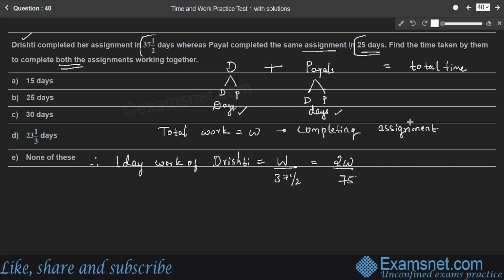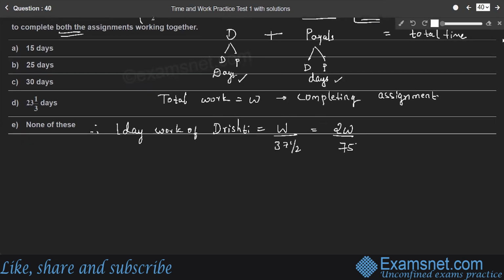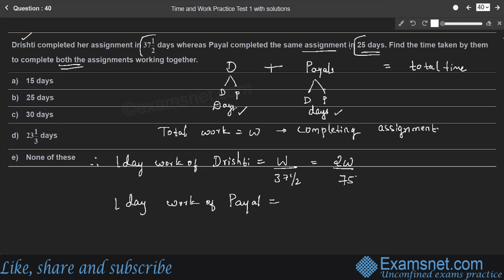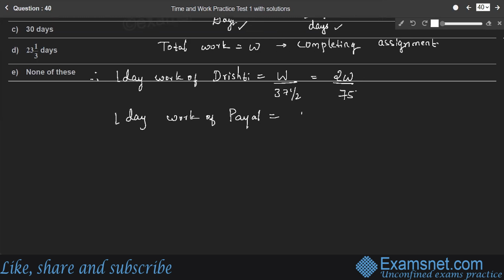Whereas 1 day work of Payal. Payal takes 25 days, right, to complete one assignment. Therefore, in 1 day, she can complete W by 25th part of the assignment, right?